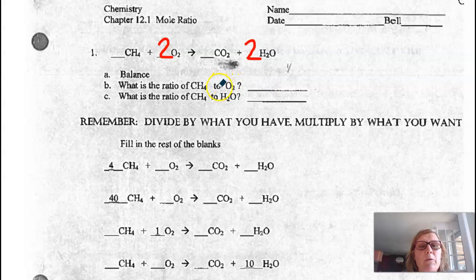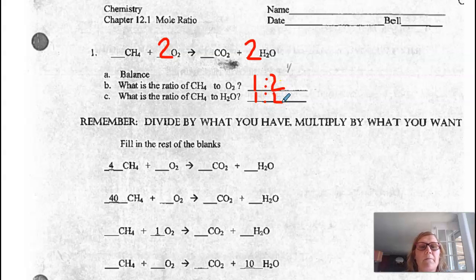The ratio would be 1 to 2. I'm kind of proud of myself, people. I can actually get this. CH4 to H2O, methane to H2O, is the same. It's 1 to 2.